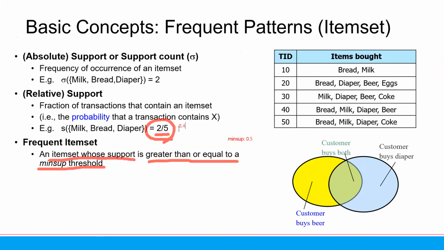Then it is not a frequent item set. You need to find the support that is greater than or equal to 0.5. That's the meaning of the frequent pattern.